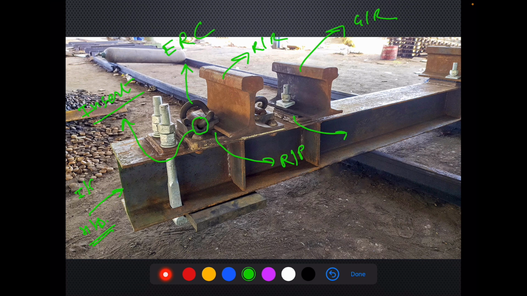There is a small rubber pad here also below the guardrail, and we can easily see this is the hook bolt which is holding this rubber pad, which will come in between the H-beam sleeper and the top flange of the stringer. Right now it is holding this rubber pad, otherwise it will go below this also and it will hold the top flange of the stringer.